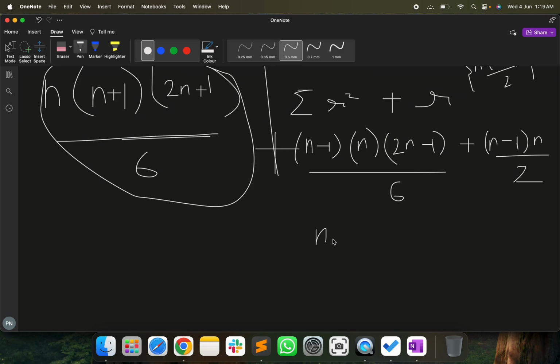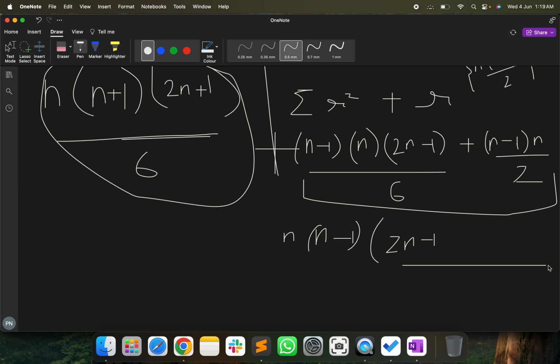For these two, I'm taking n minus 1 into n common. And I'm going to write 2n minus 1 here, and I'm going to take the LCM for both of them, that is equal to 6, and here there will be 3.